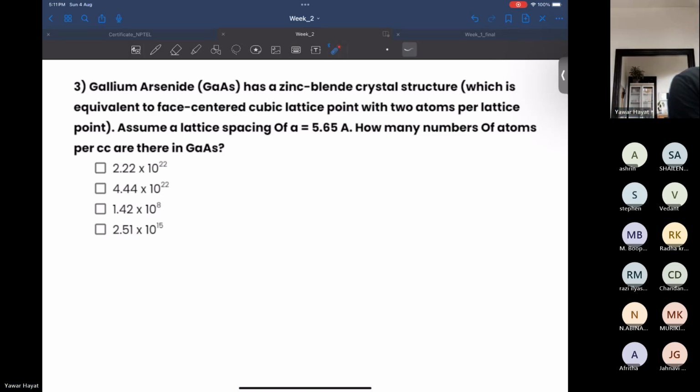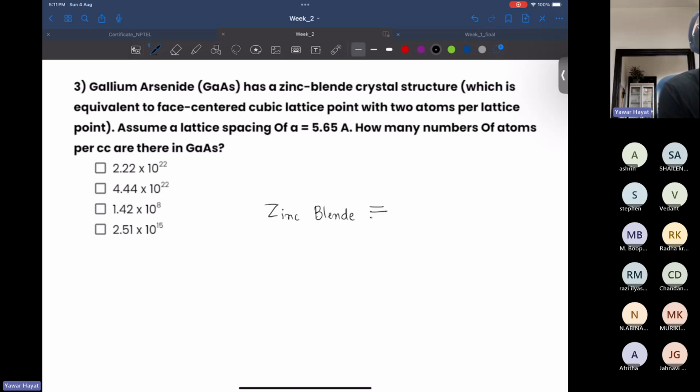See, it is a zinc blende crystal structure, right?